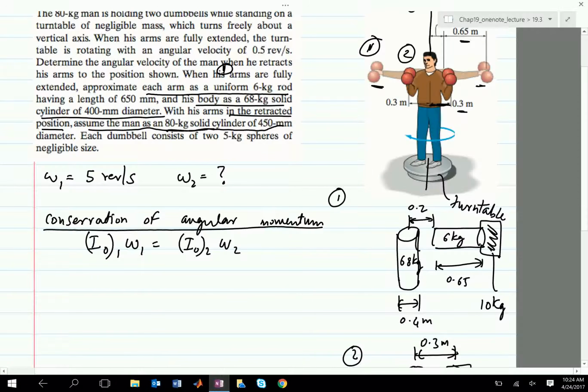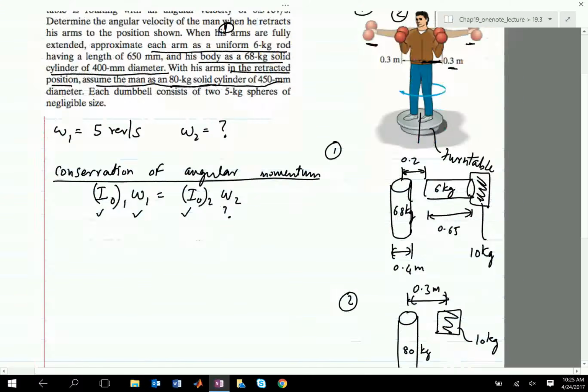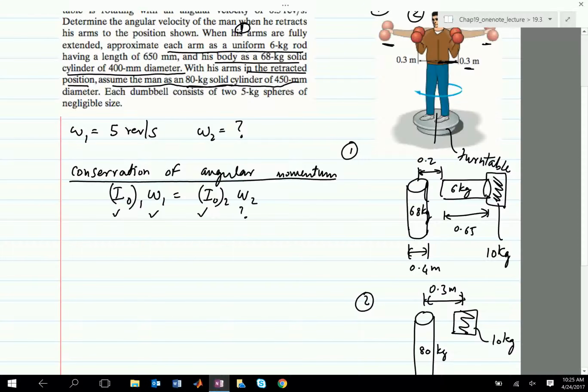We know what omega 1 is, we do not know what omega 2 is. We've got to find IO1 and IO2, and that information comes from these two figures I drew on the right side. Okay, let's find IO1.